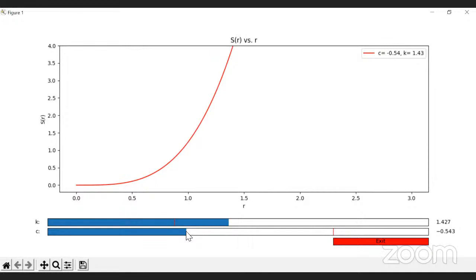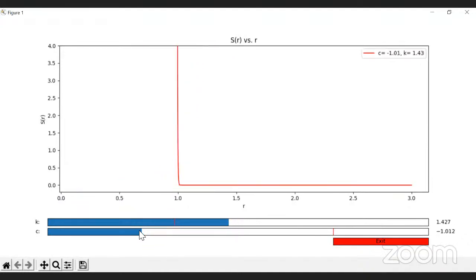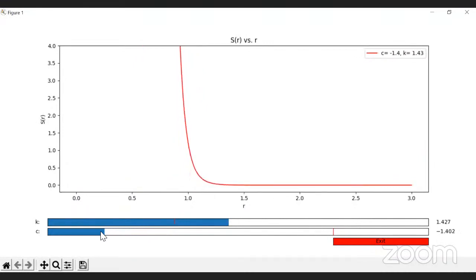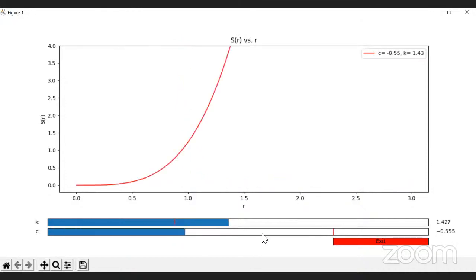This phenomenon basically continues for a small range of C in the negative domain, beyond which, if we just go on decreasing C, you can see it bounces back to the decreasing nature, as we saw in the positive region of C. So let me show it to you once more.